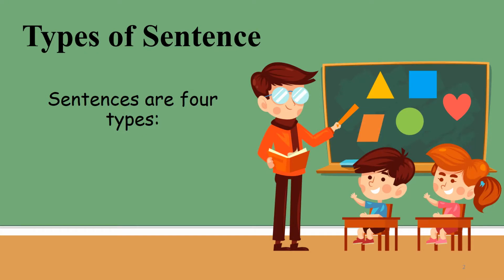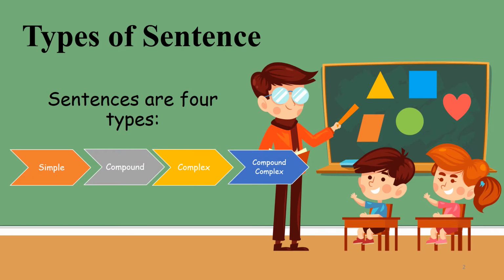In this lesson kids, you will learn sentences are 4 types. What are they? Simple, compound, complex, and compound complex. Actually, it's important to know the different types of sentences.